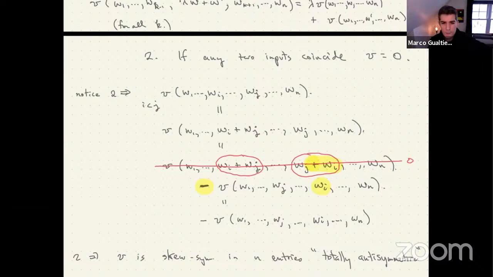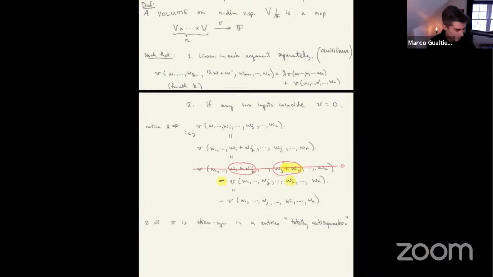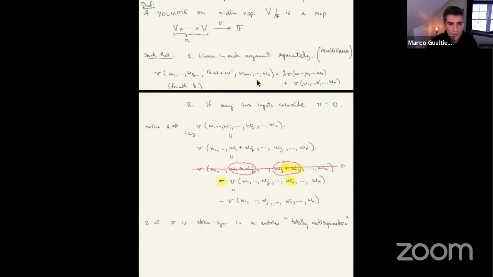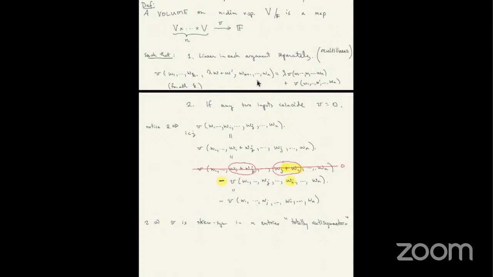Okay, any questions about this? Isaac, you have a question? Yeah, I just want to make sure that if you have a lambda in front of the transformation V, it only goes to one, right? Not everything, for the first axiom. Yeah, if you look at the first axiom, that's what you see: if you have a lambda inside in one argument, that lambda comes out at the front. And of course, you can read the axiom the other way, which is what you're asking. So basically you can put that lambda anywhere you want, right? Correct.